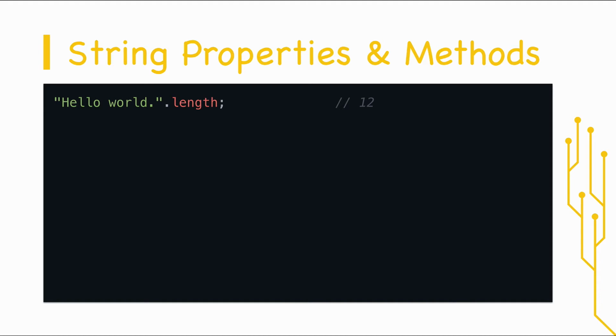Now in this course, we'll be using comments to describe what the code does or to show you the output of the code. So in this case, we have a comment with the output 12, which is the output of the code on the left-hand side.